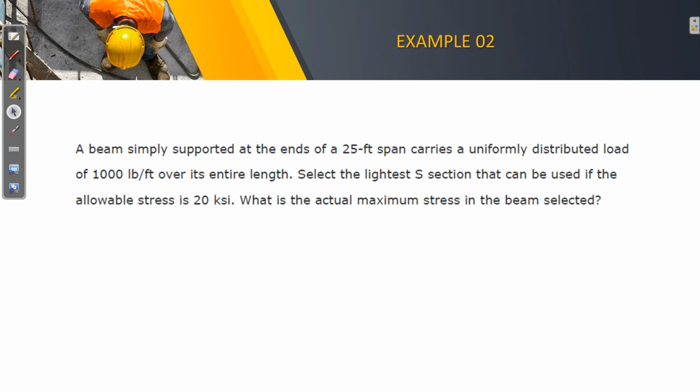What is the actual maximum stress in the beam selected? By the way, to recall, KSI is 1,000 pounds per square inch, or 1 kip per square inch, because 1 kip is actually 1,000 pounds.